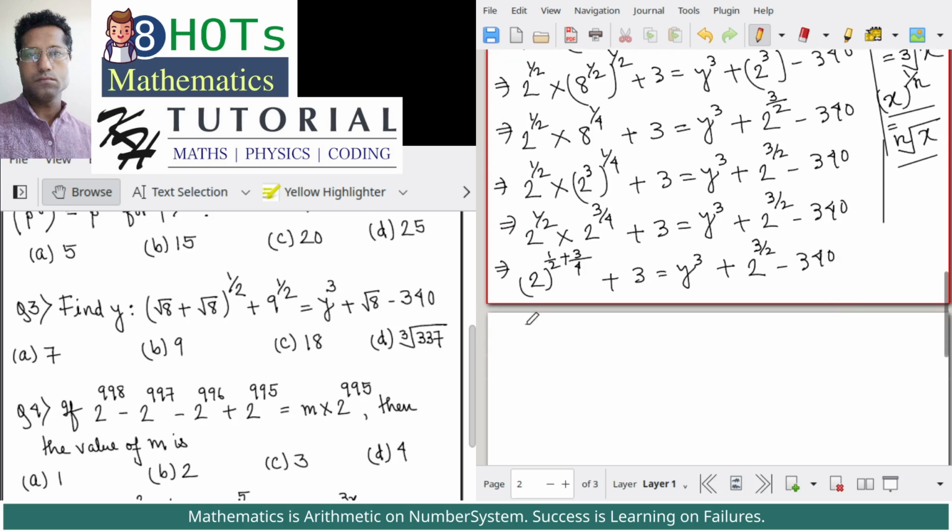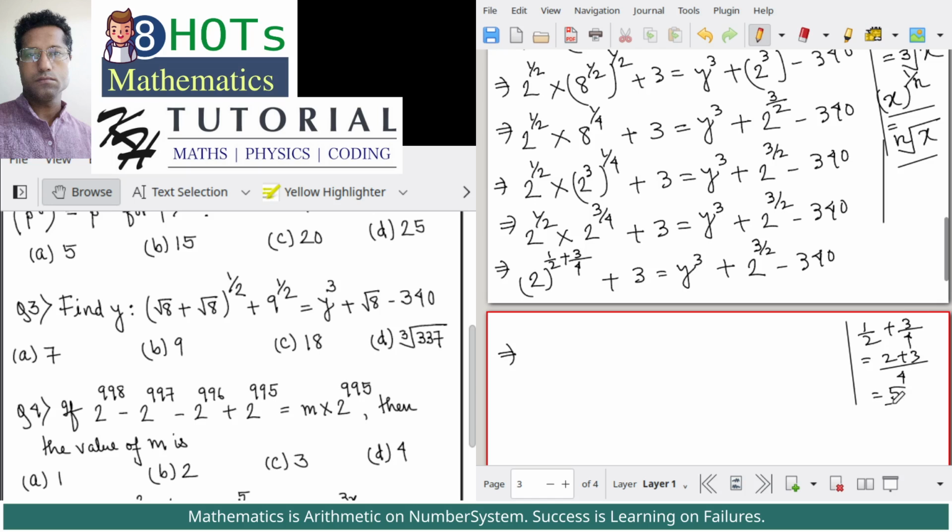Now, left hand side 2 to the power, the power is half plus 3 by 4. How much is half plus 3 by 4? Half plus 3 by 4 is 2 plus 3 by 4.